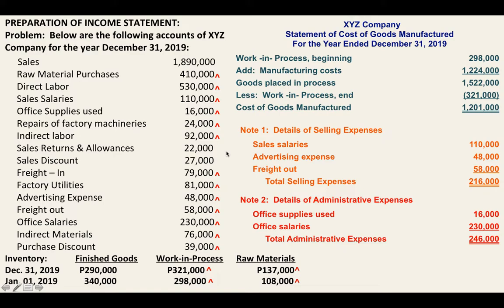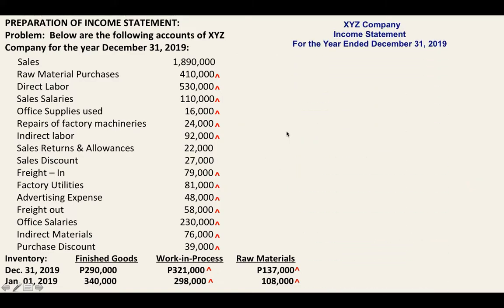Now, the last requirement is the preparation of your income statement. We will be using for our cost of goods manufactured 1,201,000 because we have already prepared this statement. And here we will be using these totals in the presentation of our income statement. Okay, class, so now we are going to prepare the income statement.